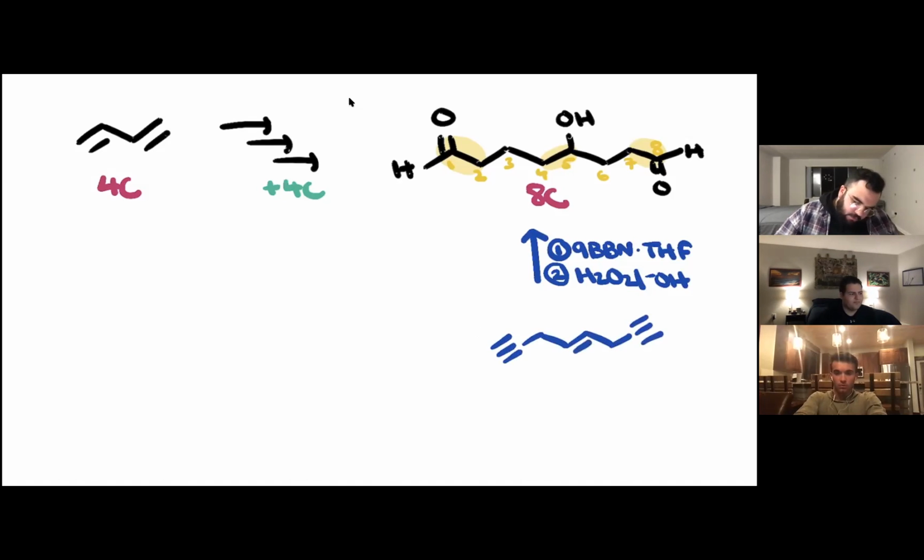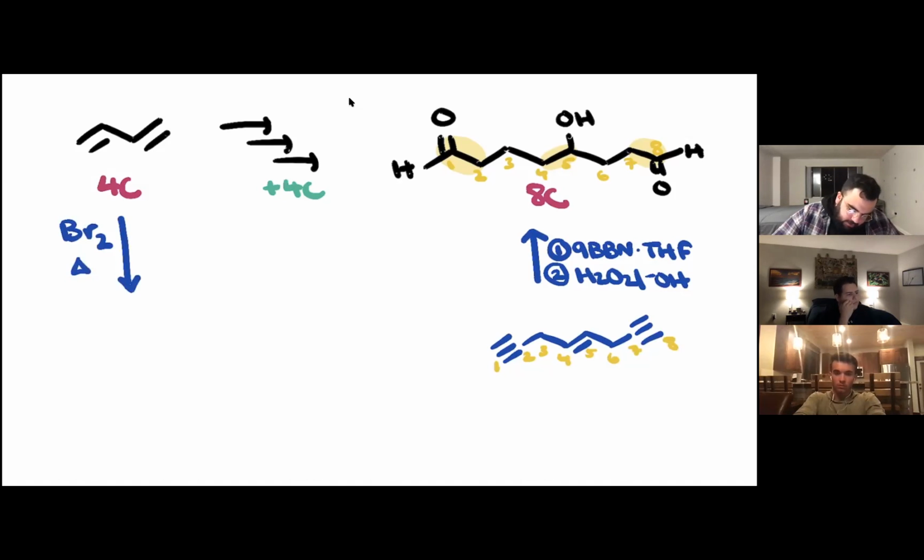Okay, so 1, 2, 3, 4, 5, 6, 7, 8. Now, the reason why I put that double bond there is because we have a pretty familiar pattern, right? And that pattern is that if I were to add in thermodynamic Br2, well, I just put heat, you could put 80 degrees there as well, that does not matter.